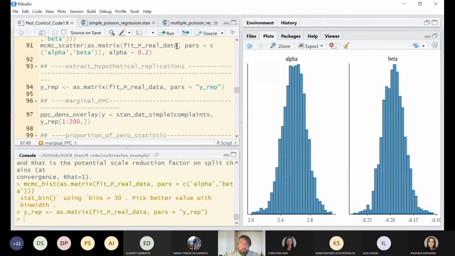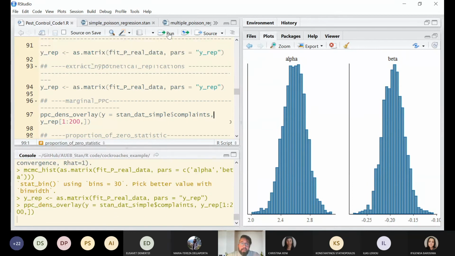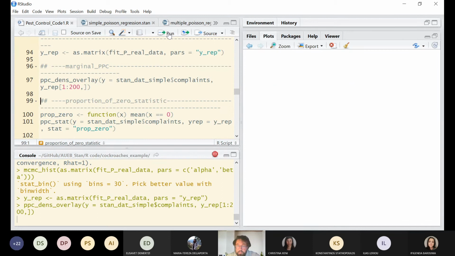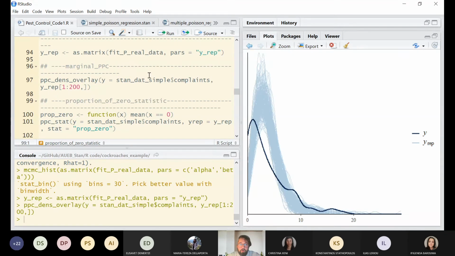And now with the ppc_dens_overlay, we can directly depict the posterior predictive distribution for my hypothetical replications against the distribution for my data. Immediately we notice something.